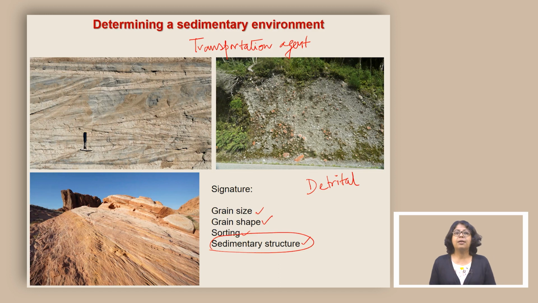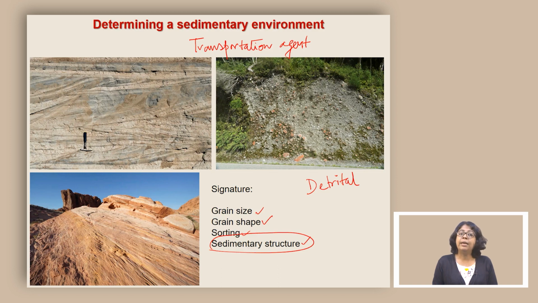So, let us compare the wind versus a glacier. The energy of the wind is much lower compared to the energy of the glacier. As a result, the wind really cannot pick up a boulder and carry it. On the other hand, glacier can pick up a boulder and carry it. How about very fine grained material?